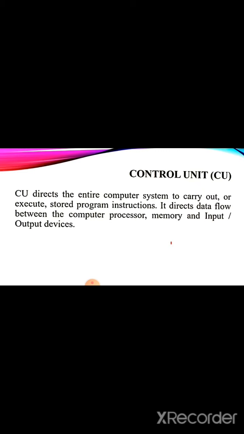It means it manages all the processing of the computer. See, the control unit manages everything. It will manage the flow of data between the computer processor and the input and output devices also.